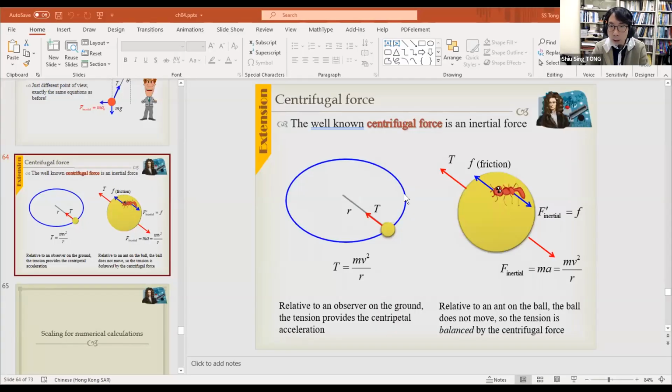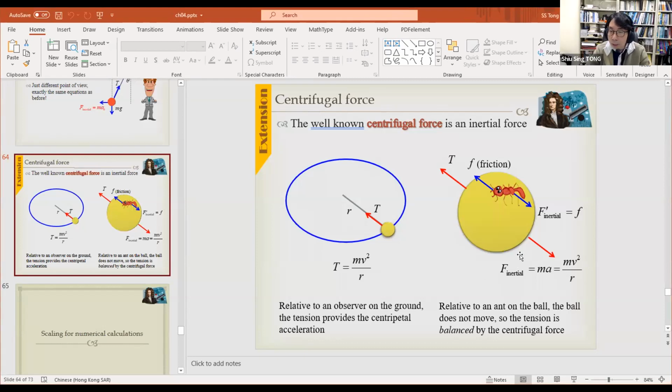And we also discussed the centrifugal force, the inertial force that one feels if you are an accelerating observer.